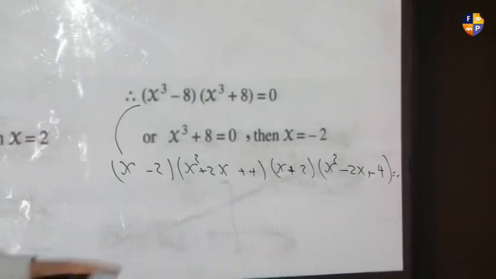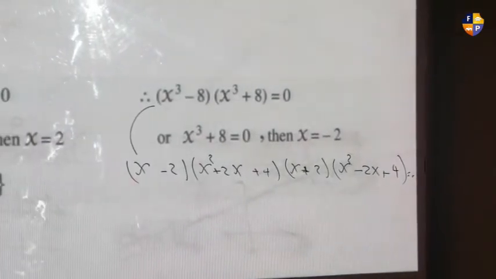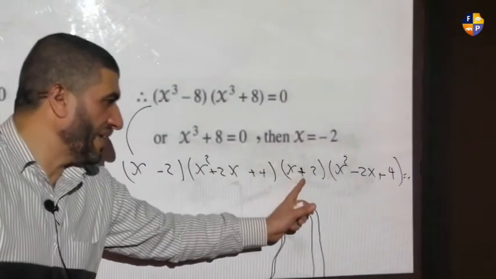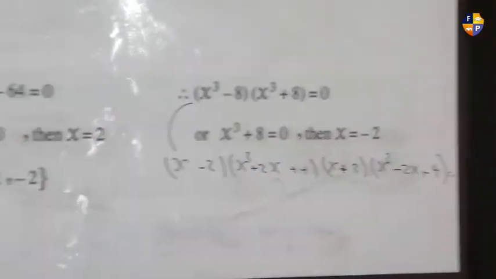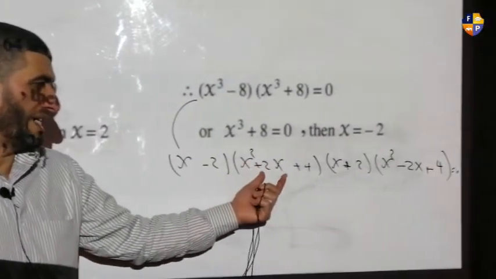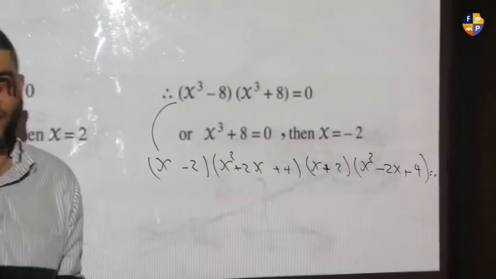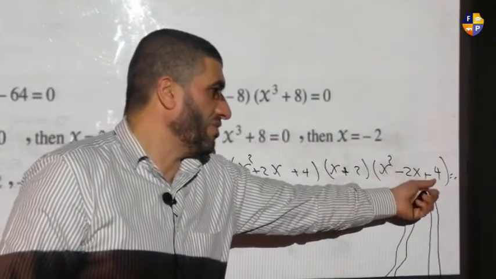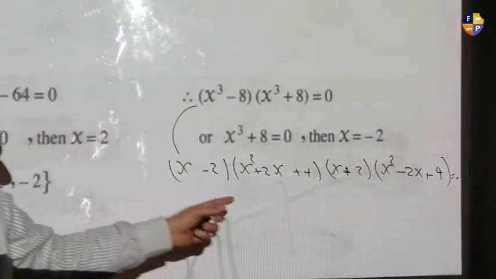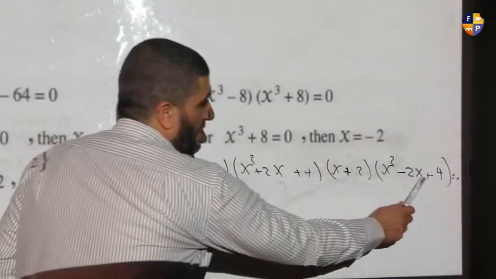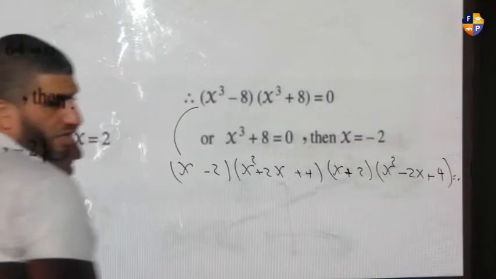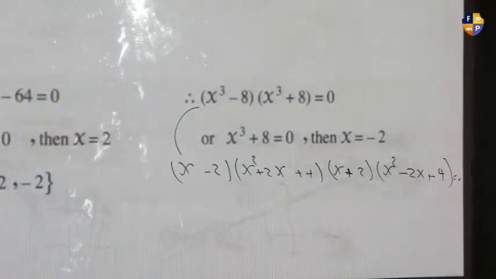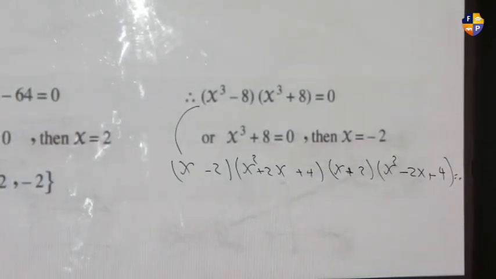If the first equals 0, then x equals 2. If the third equals 0, x equals negative 2, and x power 2 minus 2x plus 4 hasn't factorization. Two expressions hasn't factorization. This is the z of x equals 2 and negative 2.